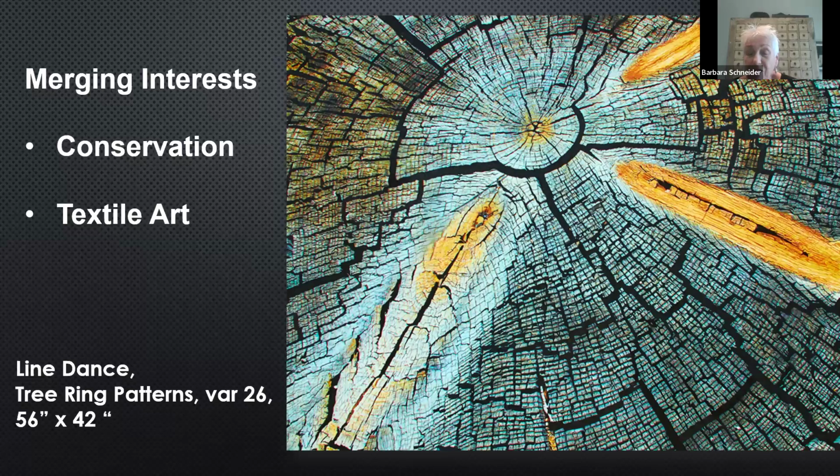And I often am taking pictures of tree stumps and then bringing those images back and working with them on my computer to blow them up and then to stitch them heavily enough that they start to create the sense of you actually looking into the texture of that tree stump again.